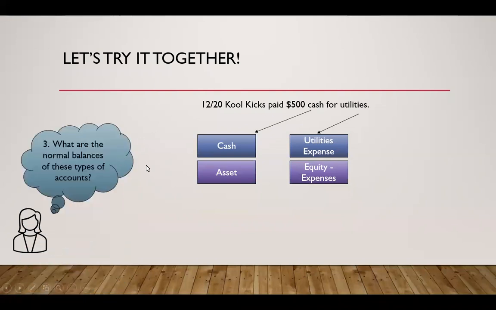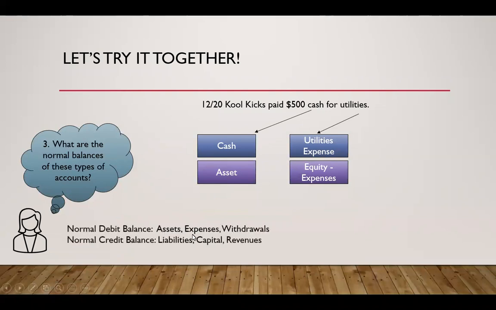What's the normal balance of all of these accounts? Well, assets have a normal debit balance. Expenses, even though they're equity and they fall on the right side of the accounting equation, because they have a decreasing effect on equity, they do have a normal debit balance as well. So this time I'm dealing with debit and debit.